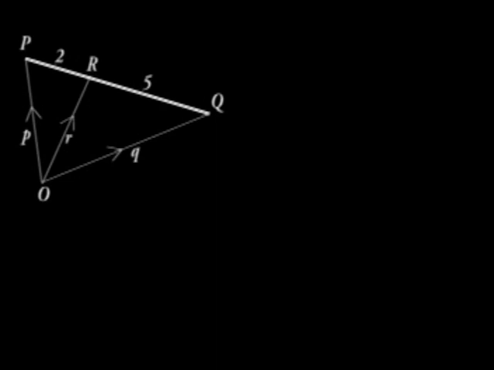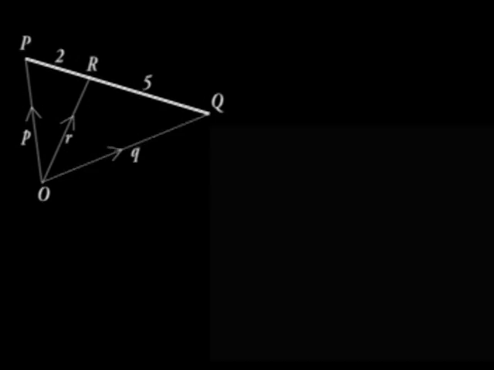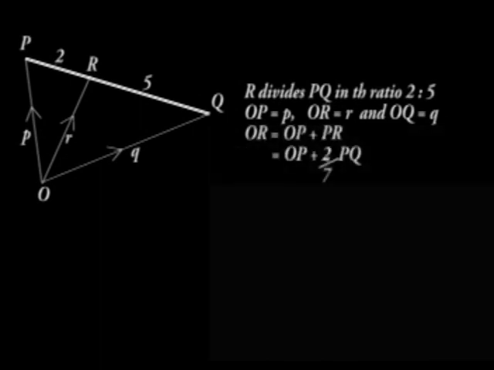The ratio theorem. Consider the line PQ. R divides PQ in the ratio 2:5. O is an arbitrary origin. OP is vector P, OR is vector R, and OQ is vector Q. OR is equal to OP plus PR, which is equal to OP plus 2/7 PQ.